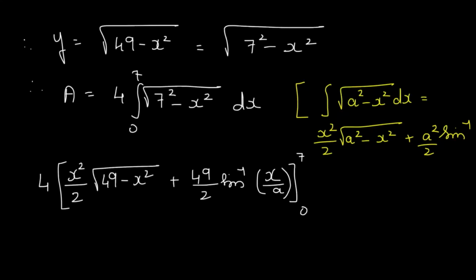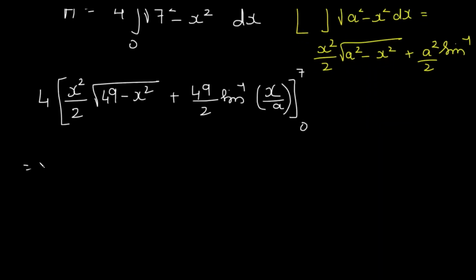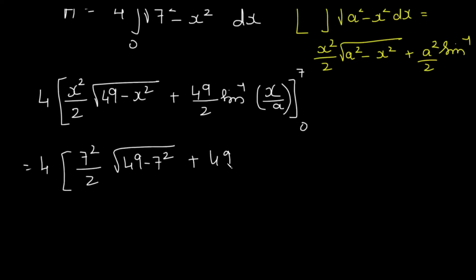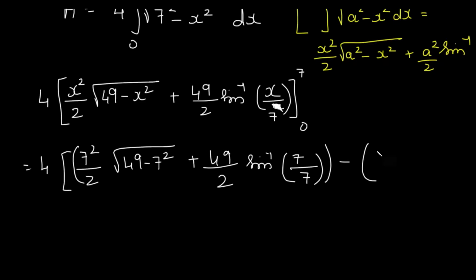Now applying the upper limit and lower limit of integration, we get 4 into 7 upon 2 root of 49 minus 7 square plus the remaining, that is 49 upon 2 sine inverse x upon a. In this case it was not a, we should have written 7 over here. So 7 upon 7, and this was the upper limit. For the lower limit, wherever x is there we put 0.